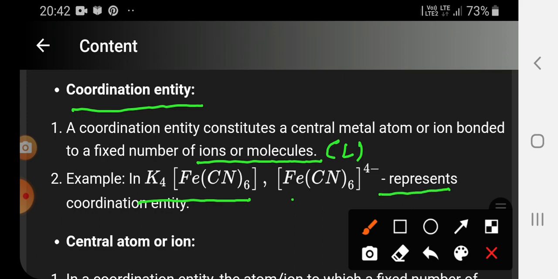If you want to identify the coordination entity, simply pick the square bracket part of the coordination complex.